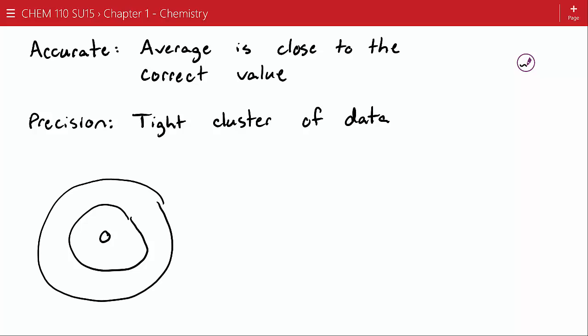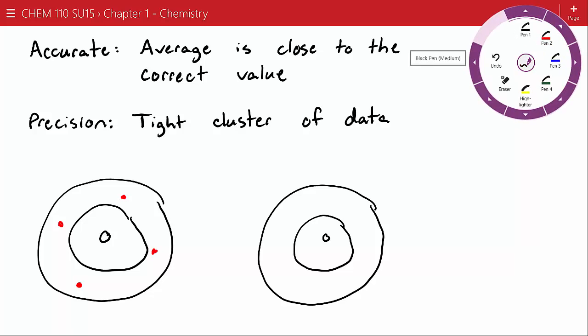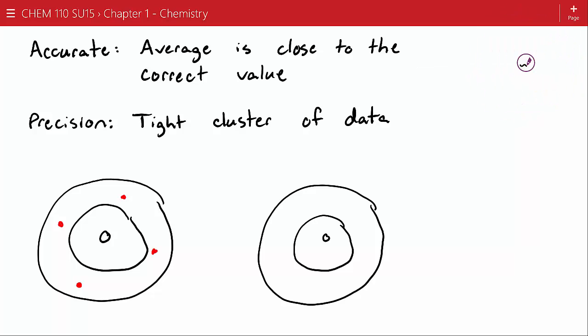So let's draw 2 different dartboards. You can see my artistry here. Let's say I'm a dart thrower and I throw darts in each of these 4 spots on the left. Is that accurate or precise or both?